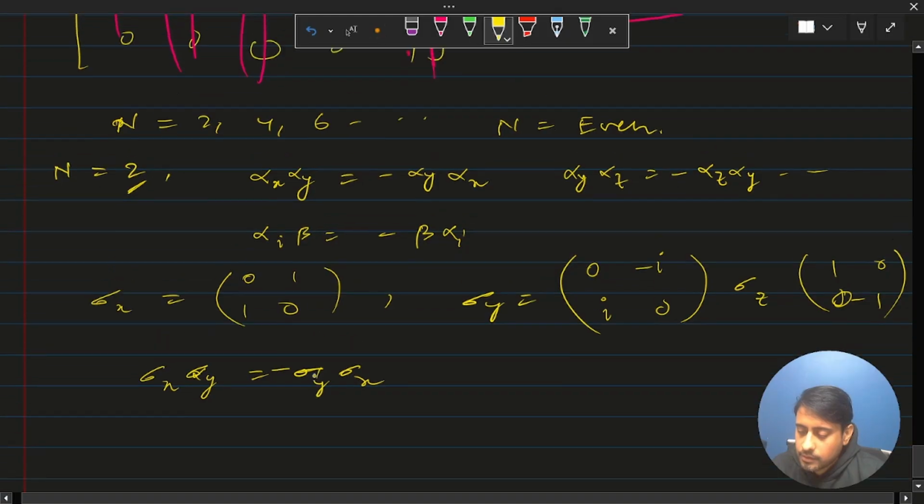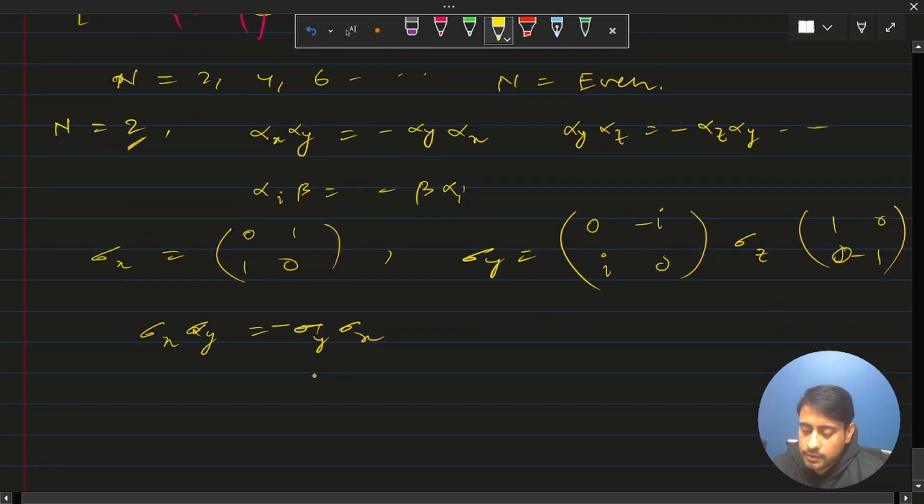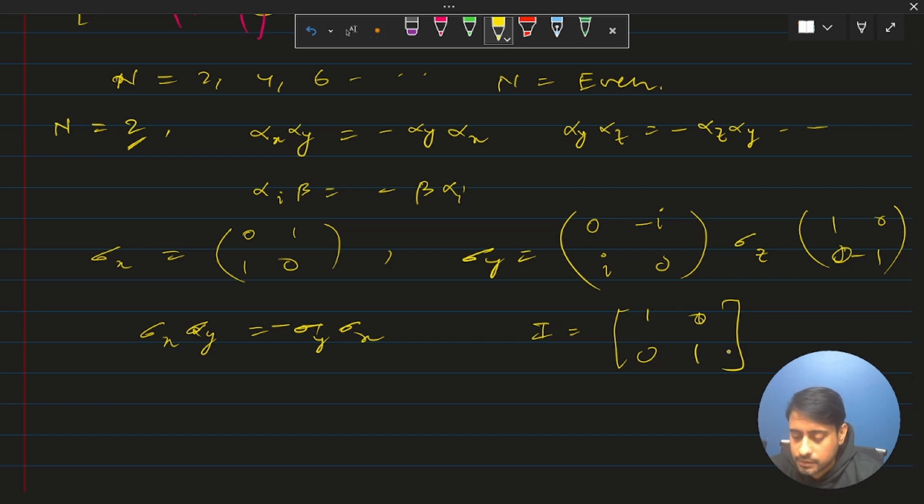So these are the known anti-commuting matrices, and separately we have independently the identity matrix, which is 1 0, 0 1. We have these 3 anti-commuting matrices, the Pauli matrices, which are very famous in quantum mechanics.